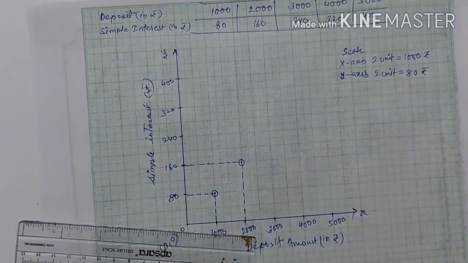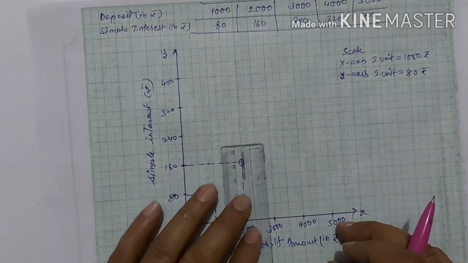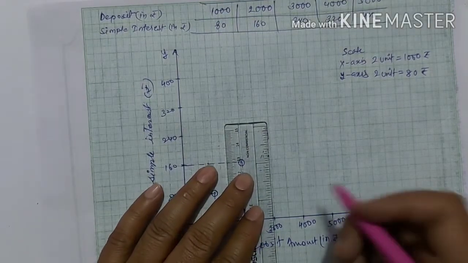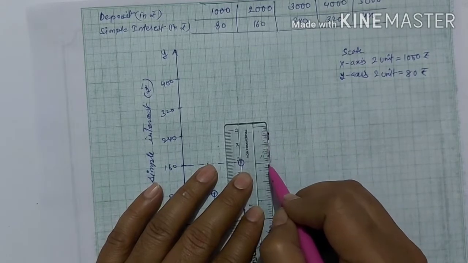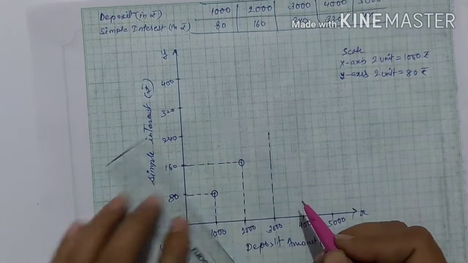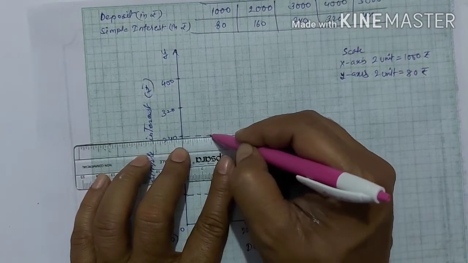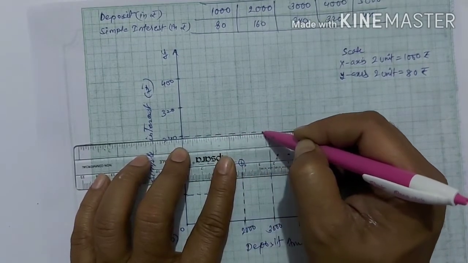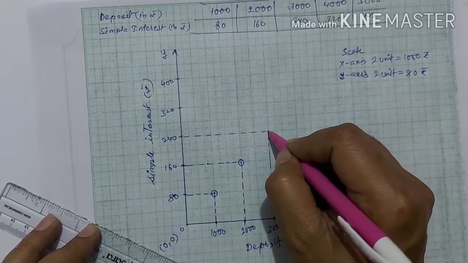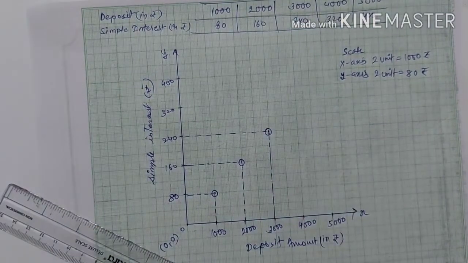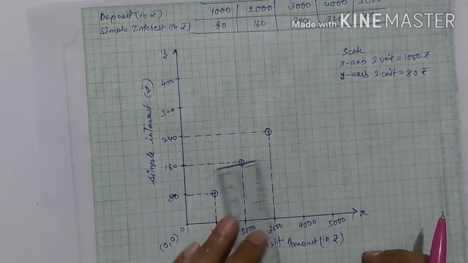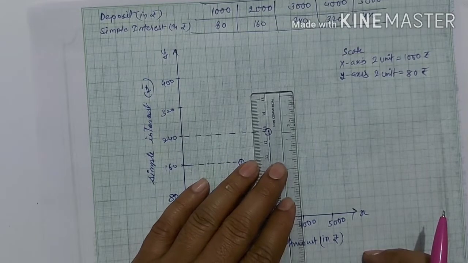Next is 3000 and 240, and second last is 4000 and 320.